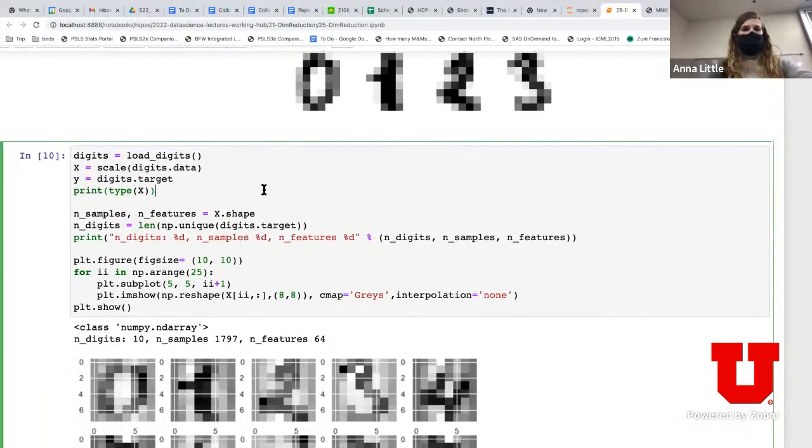So let's load this MNIST data, and then we're actually gonna scale it. I think in your homework, you had the same data set and you played around with scaling and unscaling. And what did you find? Was the scaling helpful or not?